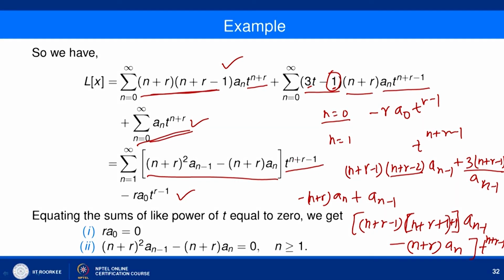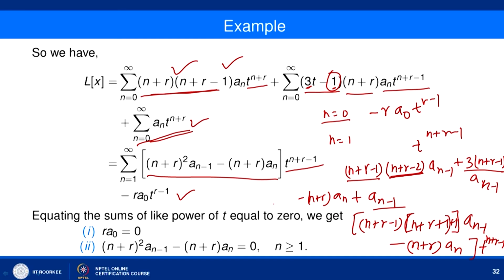So here we are calculating the coefficient of t to the power n plus r minus 1. One term we get by replacing n by n minus 1, that is n plus r minus 1 into n plus r minus 2 into a n minus 1. Then we get 3 n plus r minus 1 a n minus 1, and one from here when we replace n by n minus 1, so a n minus 1.